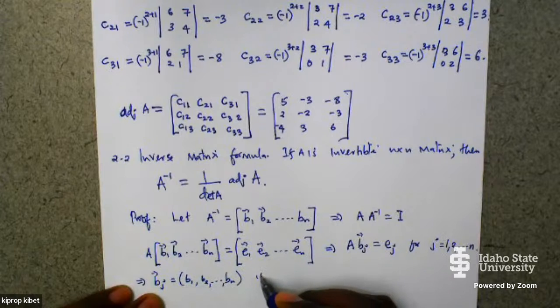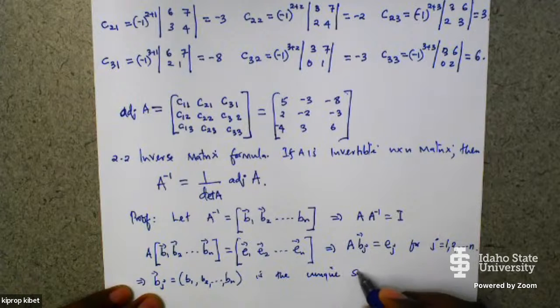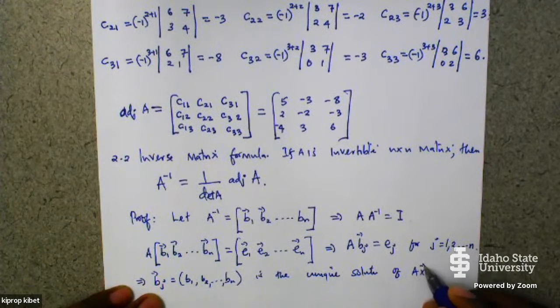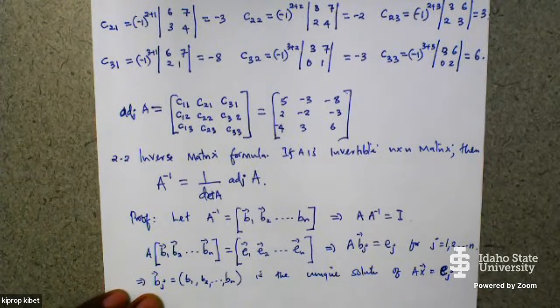So this Bj is the unique solution of Ax equals Ej.